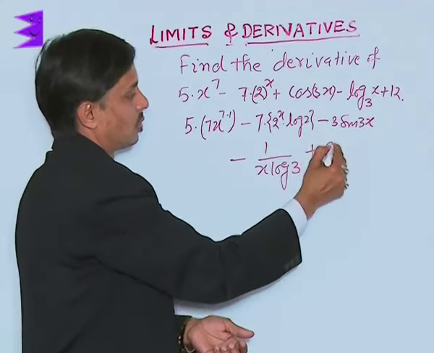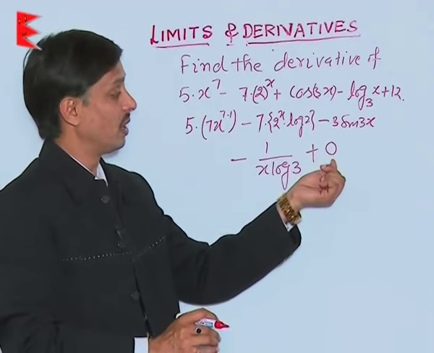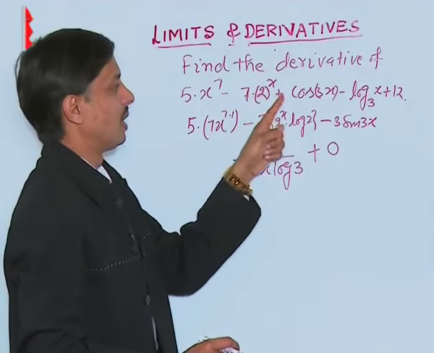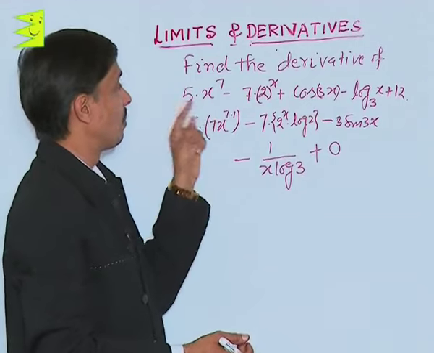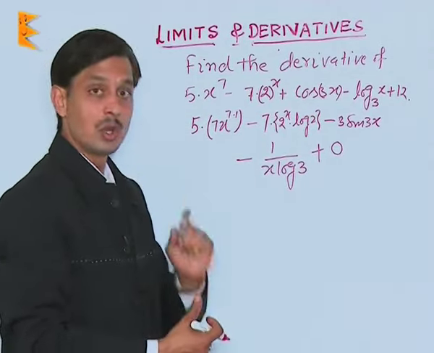It's a constant number separately, so its derivative will be 0. Whereas the derivatives of 5, 7 and the other terms are not 0, because they are multiplied with something that is not a constant.